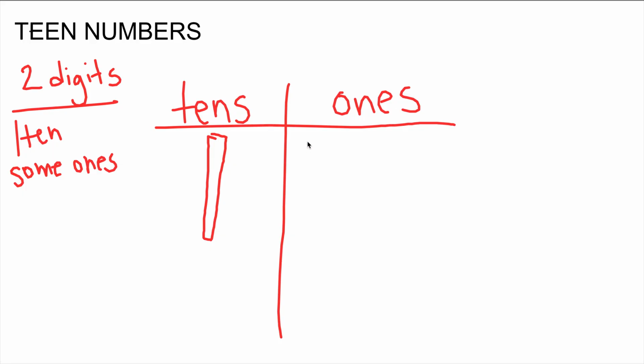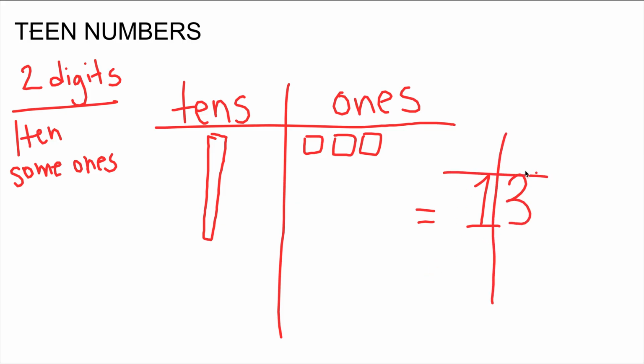And then we have some other things called cubes, and your cubes are worth ones. So when I look at this number right here, I have 1 ten and I have 3 ones. So that would give me the number 13, because 13 has 1 ten and 3 ones.